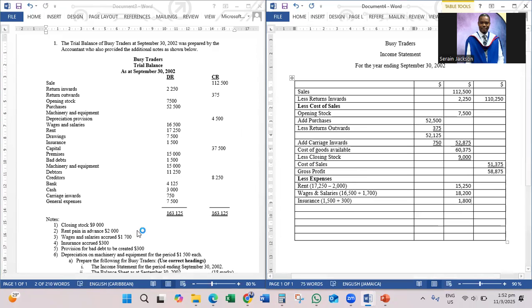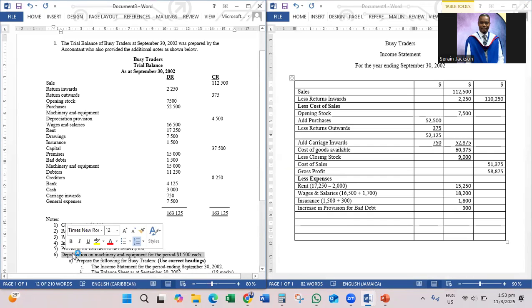Continuing, using my footnotes as a guide, provision for bad debt to be created, $300. So it's an increase. You can write increase in provision for bad debt, that is 300.